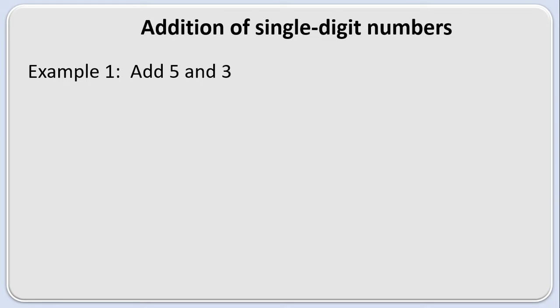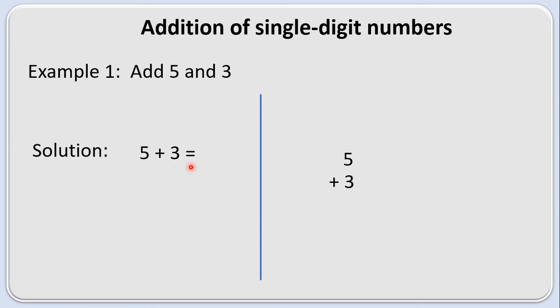Example number 1. Add 5 and 3. Solution. To add any two numbers, we can express the addition statement using plus and is equal to symbol like this, or the other way of writing down the given numbers for addition will be like this.